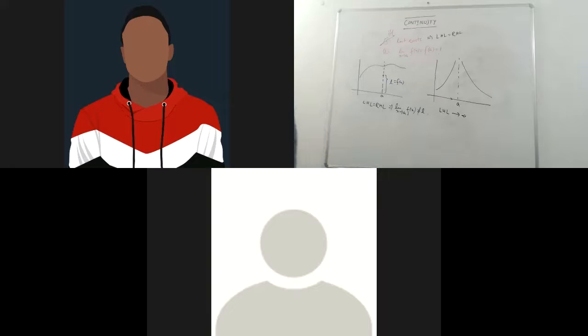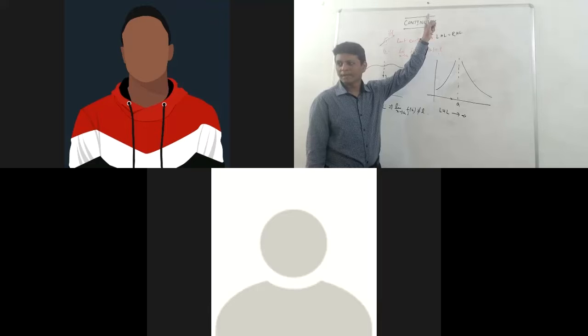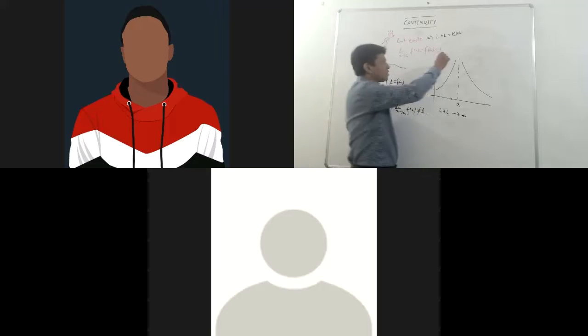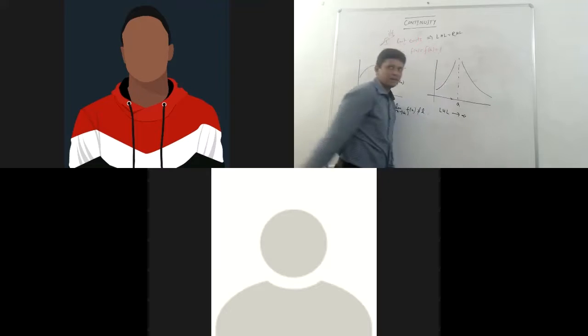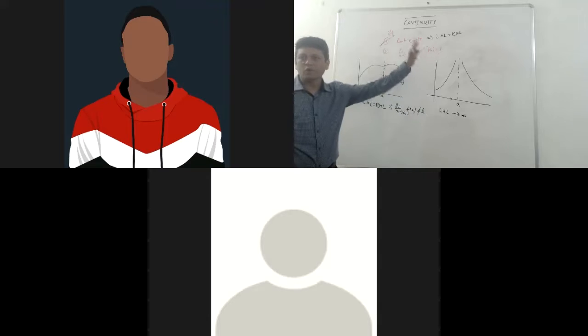What if it goes up and then meets at that point? Yes, if both sides go up and meet at one point, then your limit exists. But this is not happening here. This is intentionally drawn to show you the infinite. For infinity, the limit does not exist. So this is another case of discontinuity.